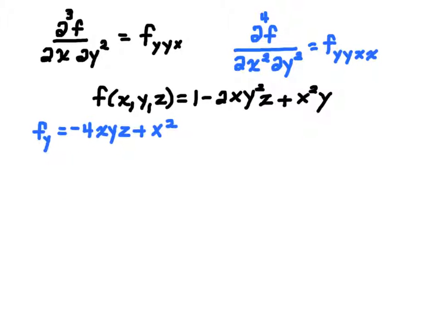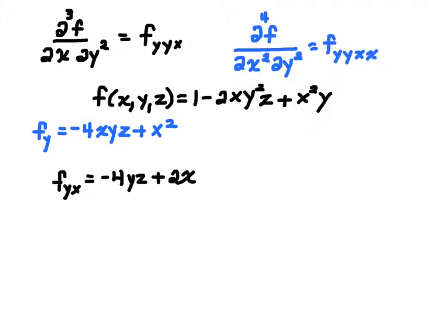And we'll move this one up. I'm going to alternate colors. So now let's find the partial derivative of f, first with respect to y, then with respect to x. So we're going to use the result from above and find its derivative with respect to x, and it's going to give us negative 4yz plus 2x.